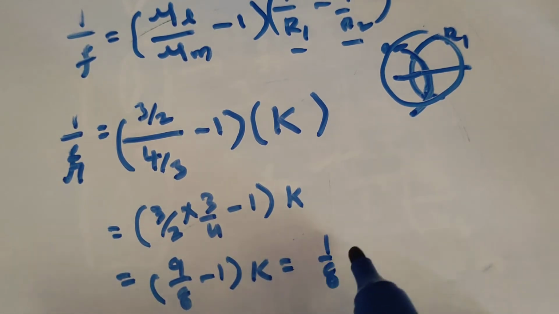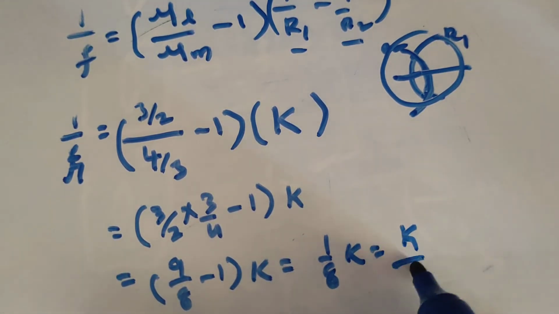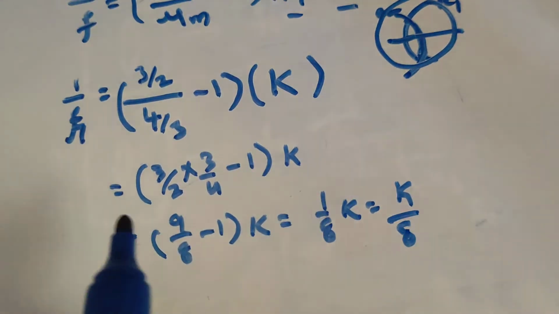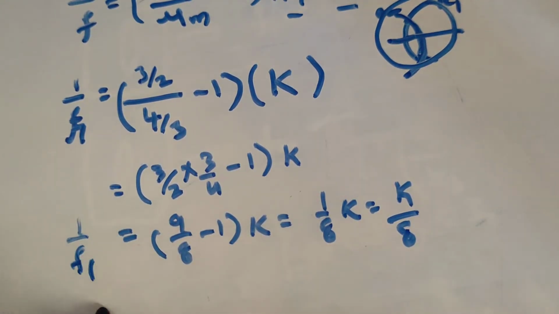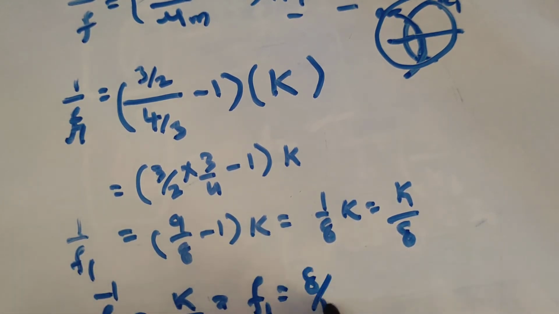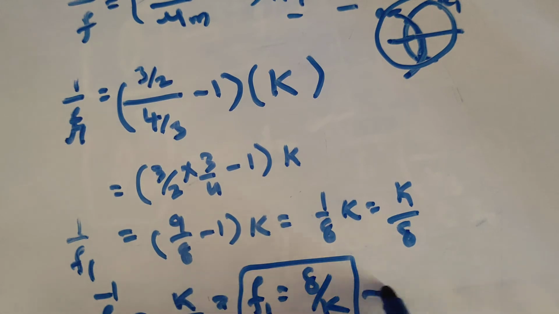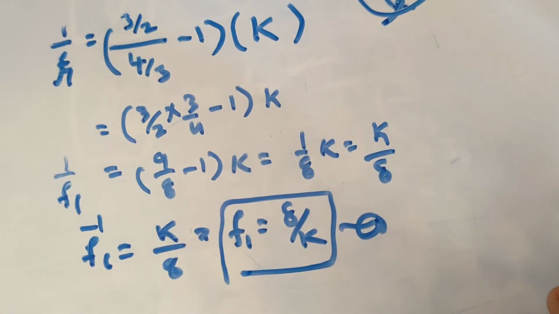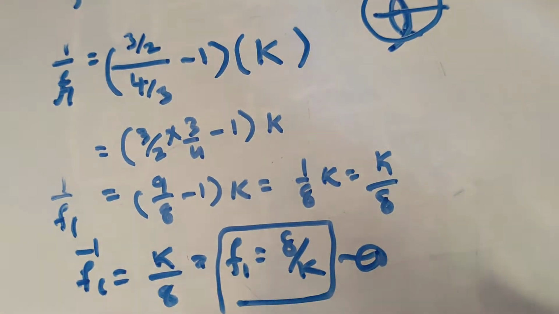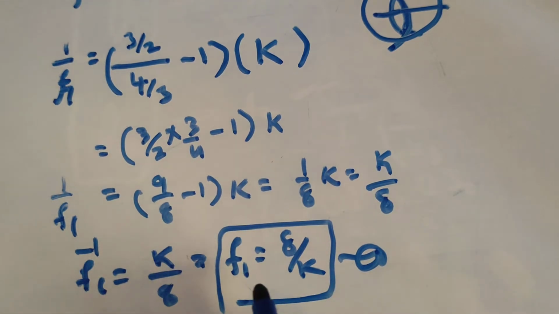So 1/8 into k, that is k by 8. So 1/f1 equal to k by 8, so f1 equal to 8 by k. This is if the thin lens is measured in the first liquid.